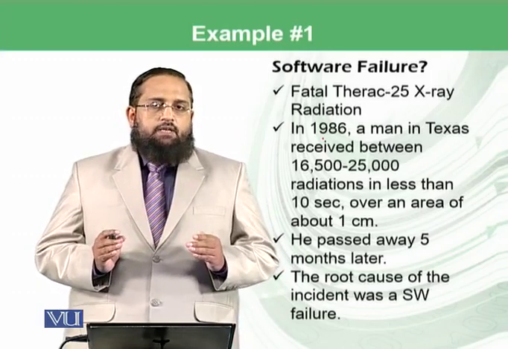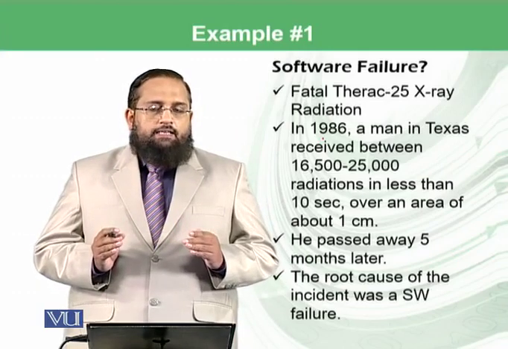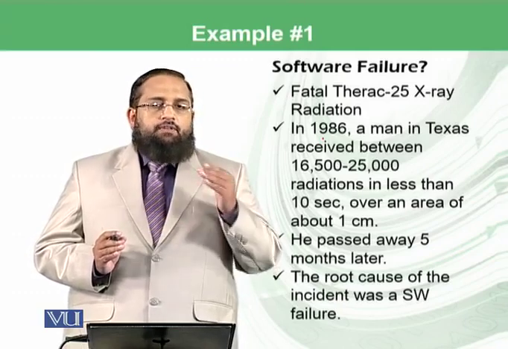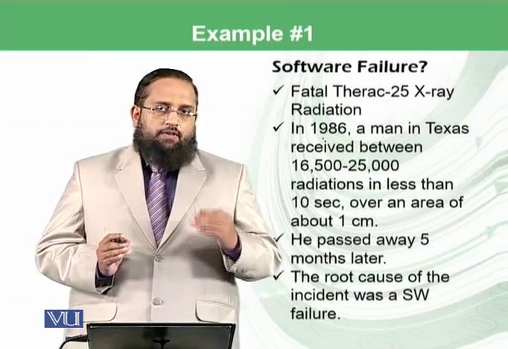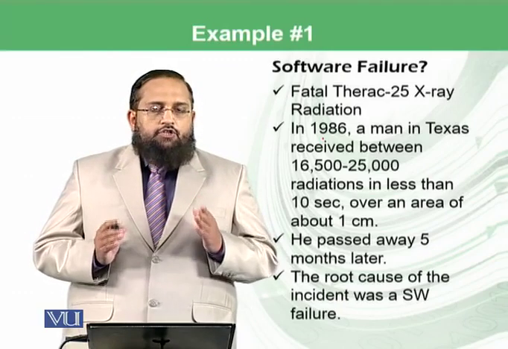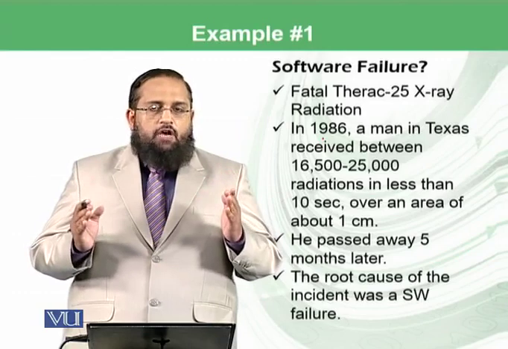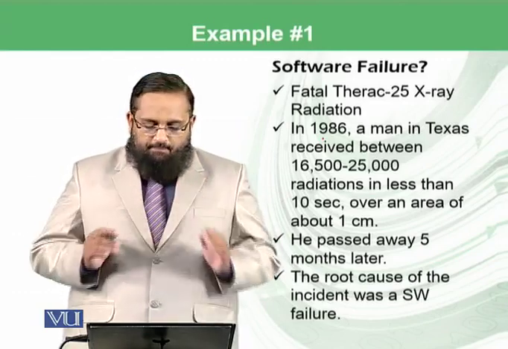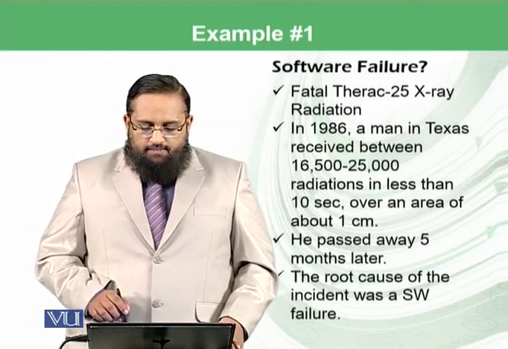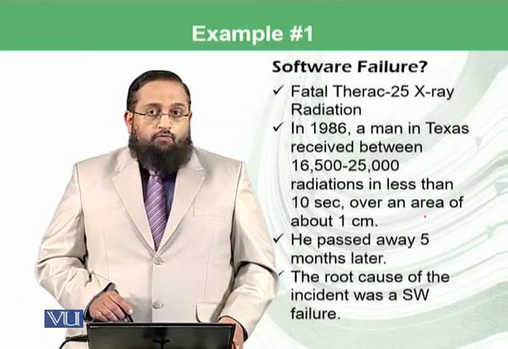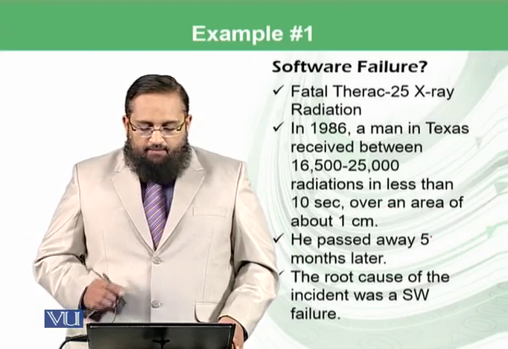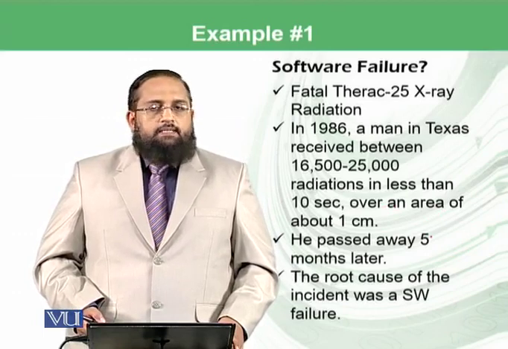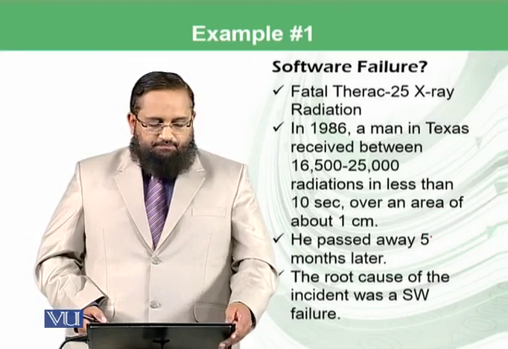This was not required, it was extreme, and it needed to be avoided and checked during the software verification process, that the machine should not give such a huge amount of radiation in such a short span of time. It was concentrated over an area of about 1 centimeter. The patient passed away 5 months later, and the root cause was this radiation.